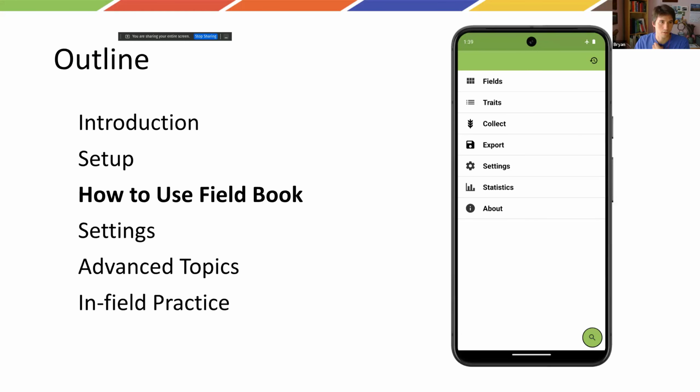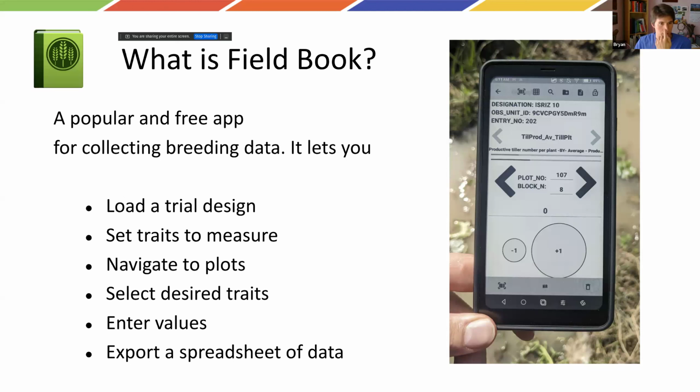Just to give you a quick outline, this is what the standard presentation covers: introduction, setup, how to use Fieldbook, before getting into advanced topics like using BrAPI. And we have some basic information on what Fieldbook is, what you use it for. It sounds like most of you are already familiar with this.